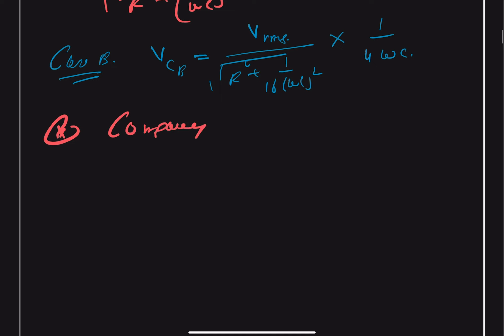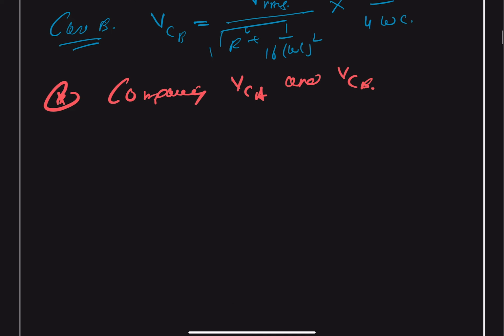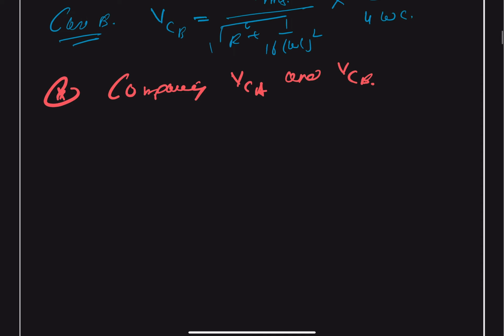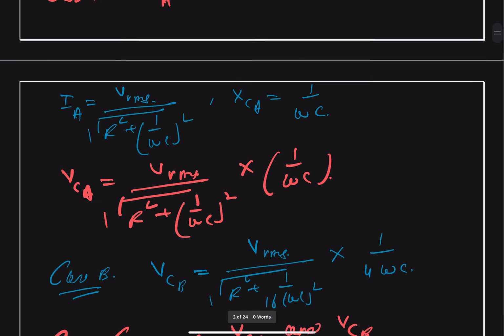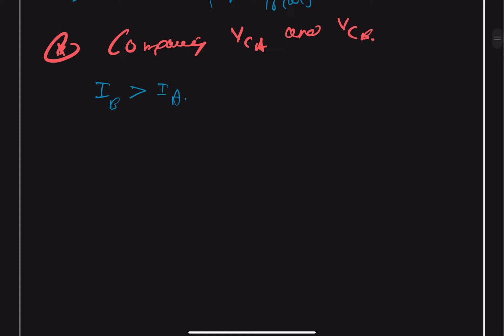We already know that IB is greater than IA, so we can simply say IRB is greater than our IRA, keeping in mind that IRB is equal to IB and IRA is equal to IA.